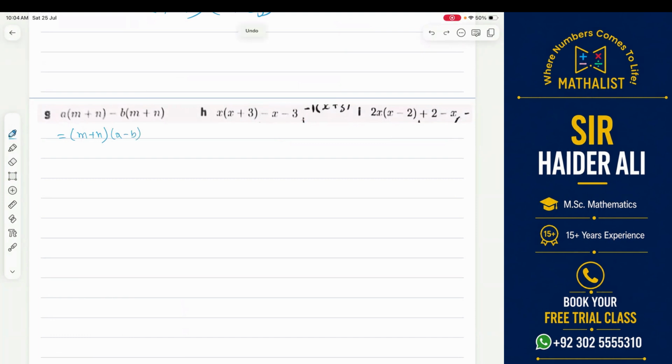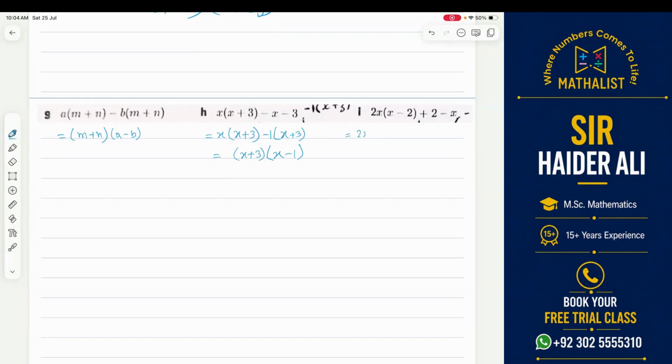Here it's x plus 3 and it's minus x minus 3. I want to make the similar terms. To make the similar terms, I will take minus common. You can write here minus 1, and inside we have x plus 3. Now take x plus 3 common from the first term as well as from the second term. So in the first term we have x, and in the second term we have minus 1. So this one is the answer, okay?